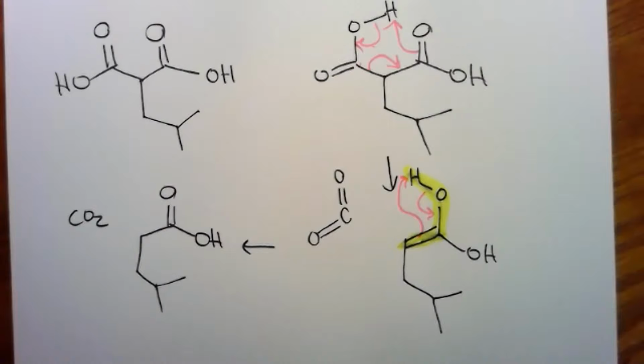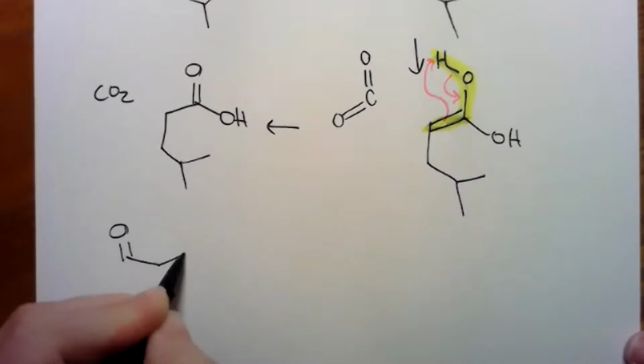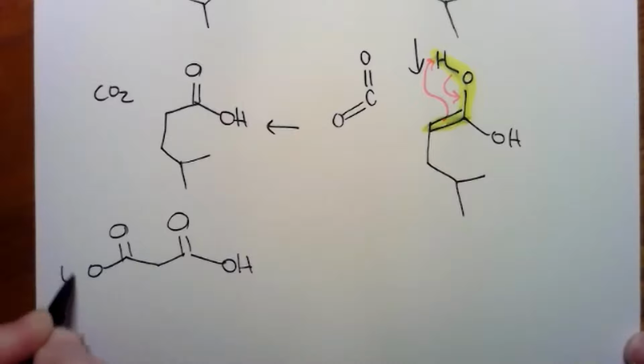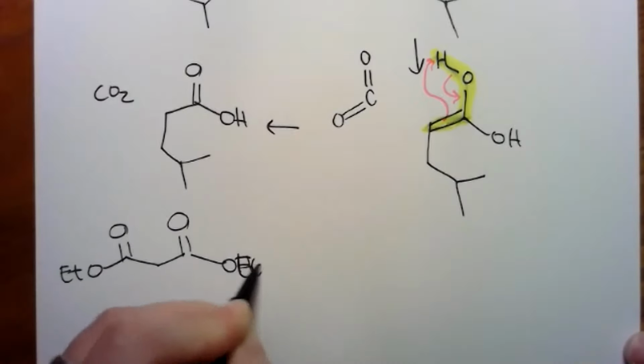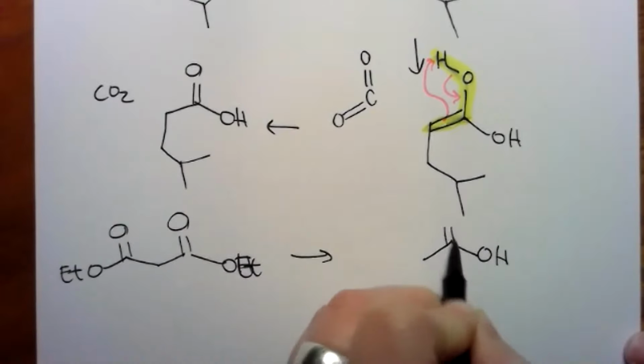That's the malonic ester synthesis. It is an old style way to make an alpha substituted, I should make this an ester, to make an alpha substituted acetic acid.